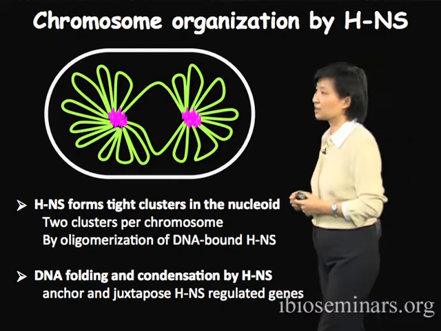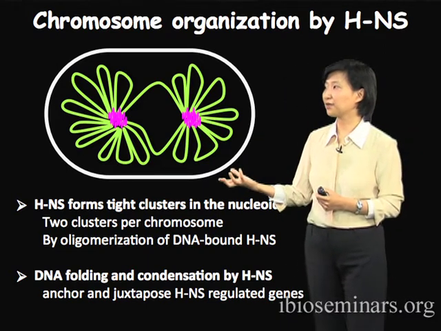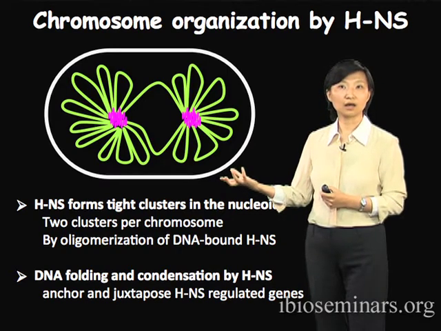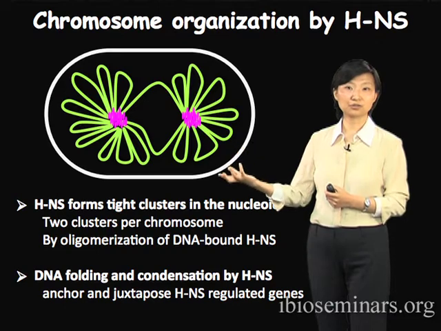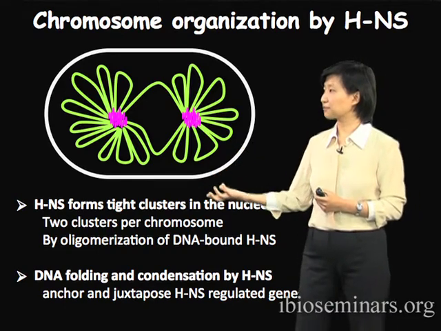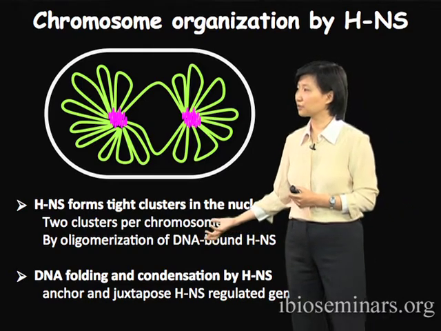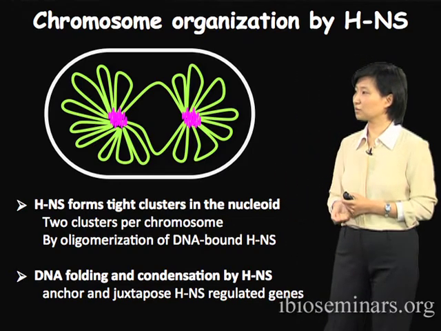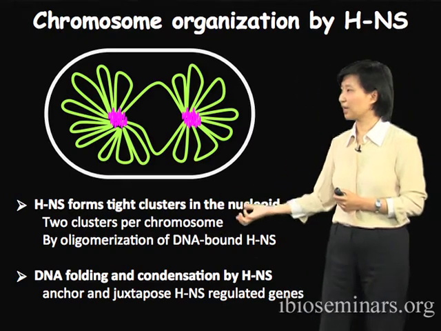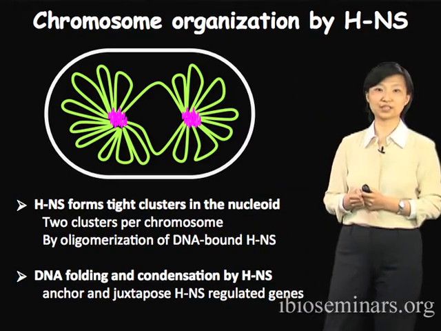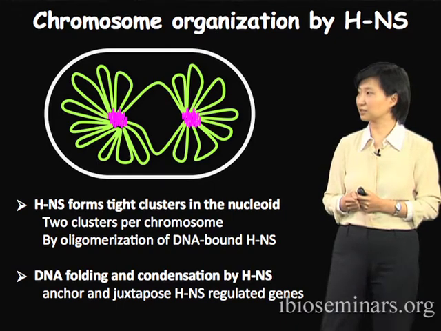So with this, we have this model of how HNS proteins could help organize the chromosome inside the cell. They form tight clusters in the nucleoid, and quantitatively, for each copy of the chromosome, there are about 2 such clusters, formed by oligomerization of the DNA-bound HNS through their N-terminal domain interaction.